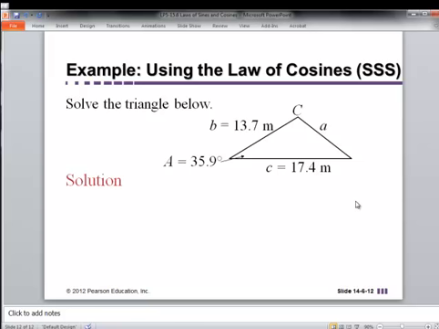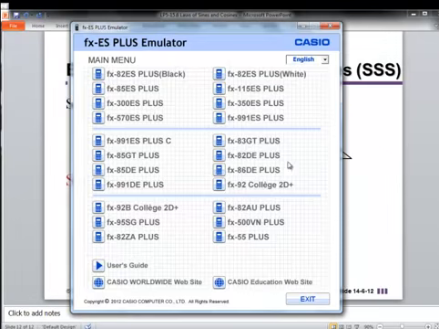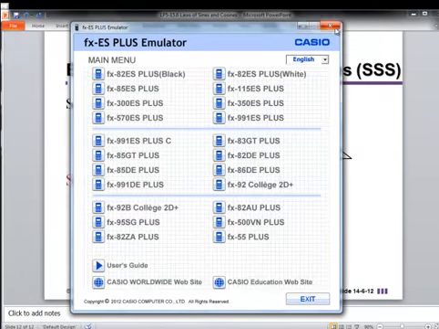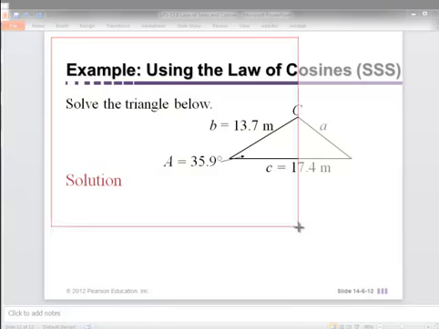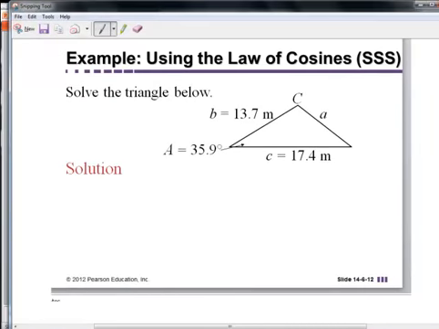Solve this triangle below. It says side, side, side, but this is not side, side, side in this case. Okay, let's draw the picture. So, what are we going to do?